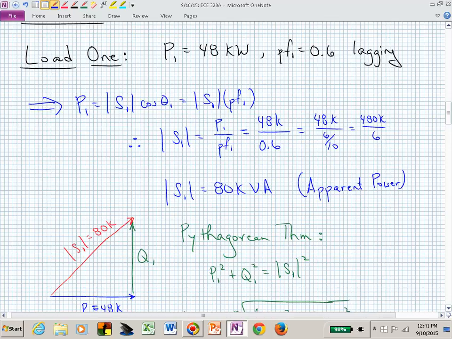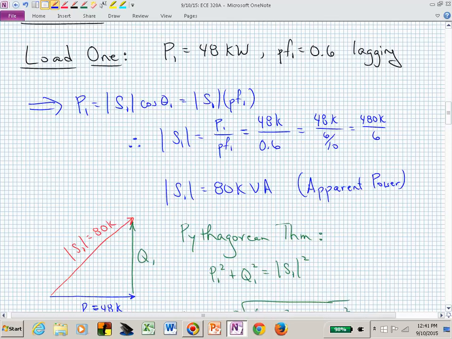But we started by using the fact that our real power is just the apparent power, the hypotenuse, times the cosine of that angle. And the cosine of that angle is our power factor. To obtain the hypotenuse, we can simply divide the real power by that power factor: 48,000 divided by 0.6 gives us 80 kVA for S1.